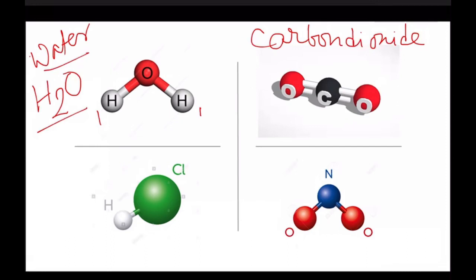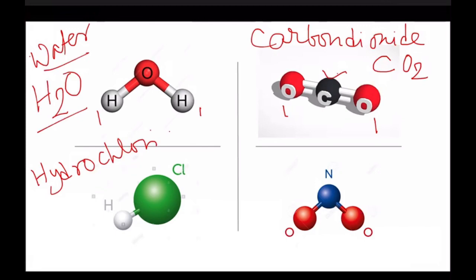See, two atoms of oxygen combined with one atom of carbon to form carbon dioxide, one carbon and two oxygens. Similarly, in HCl, hydrochloric acid, one atom of hydrogen combines with one atom of chlorine to form HCl.